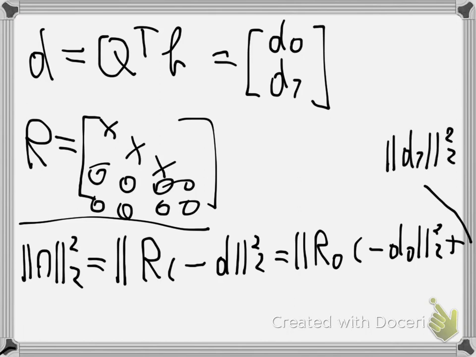Because as I said, our upper triangular matrix R contains maybe rows that have only zeros, and they don't really help us.